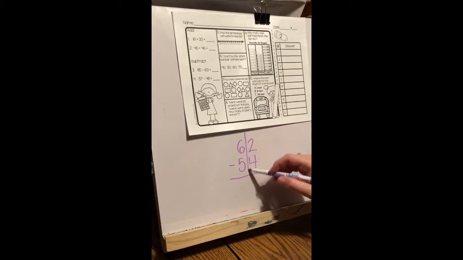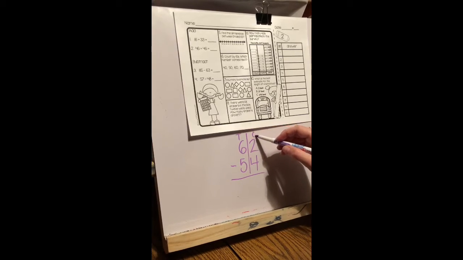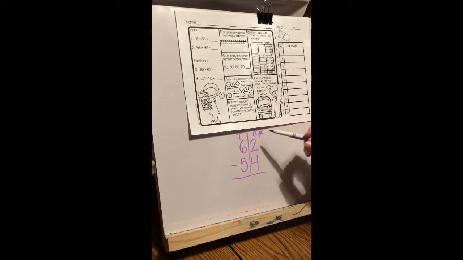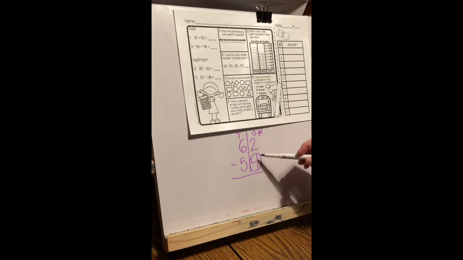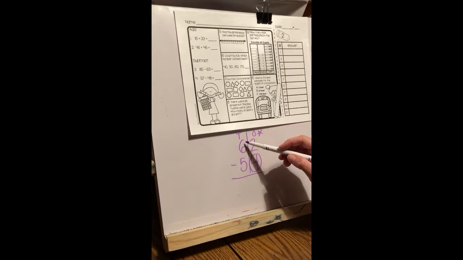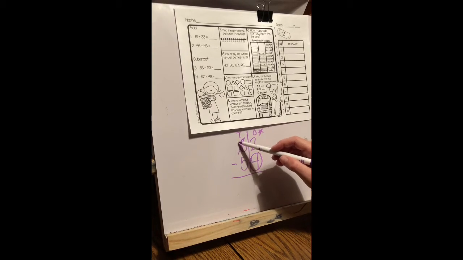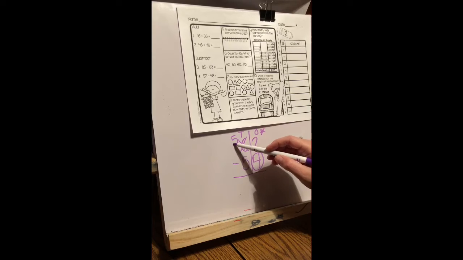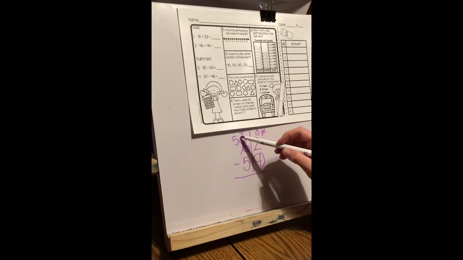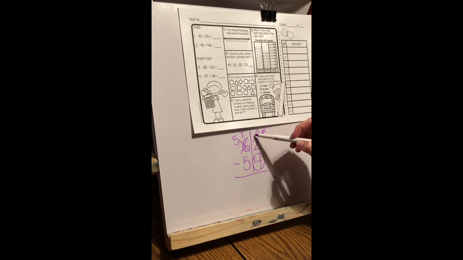And here we have tens and we have ones, and we always start in the ones column. We have 2 minus 4. Now our bigger number is on the bottom, so we have big bottom, regroup. So we need to come over to our tens column. We used to have 6 tens, but now we're going to have 5 tens. We're going to bring that 10 and break it apart into 10 little ones.